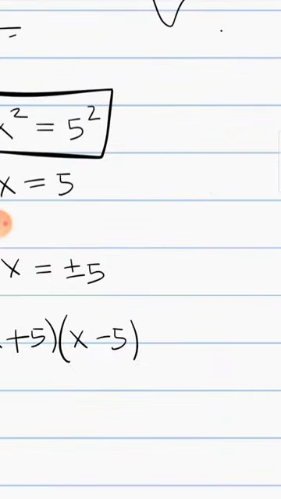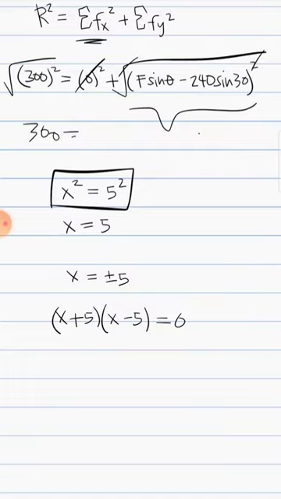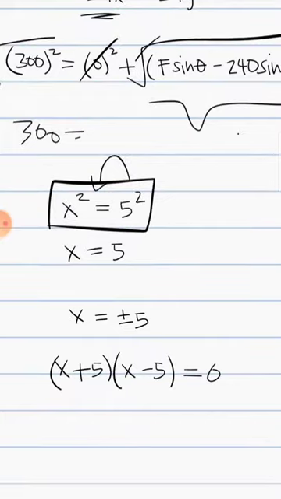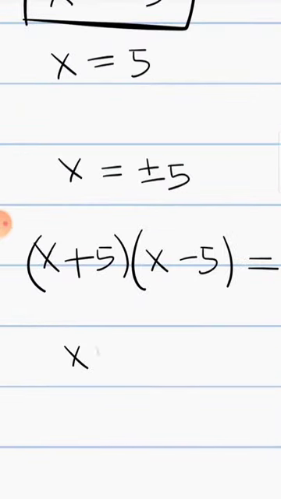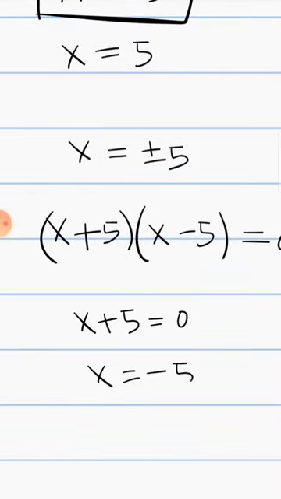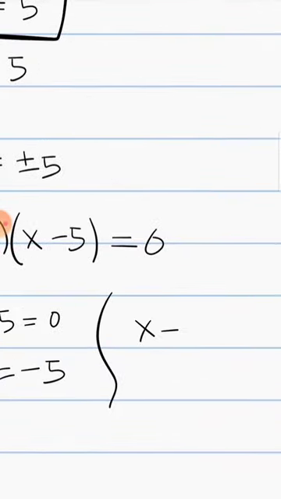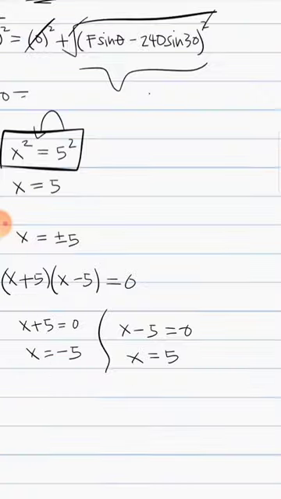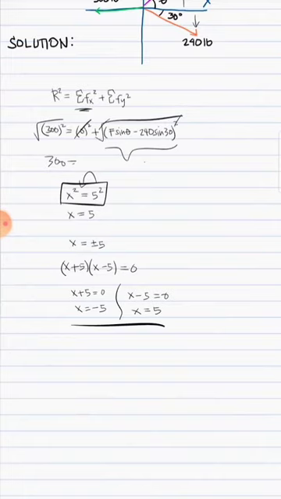And if you equate that to 0, because if we move this one to the left, that's x squared minus 5 squared. So that would be x plus 5, x minus 5. It has a solution of x equals negative 5 and also positive 5. So we do that like this. So there are two things you should consider while doing this.